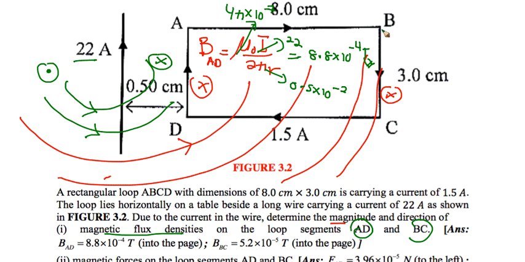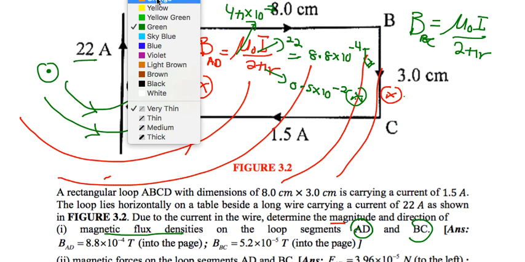And at BC, the same process. B at BC is also into the page. The equation is mu naught I divided by 2 pi r.